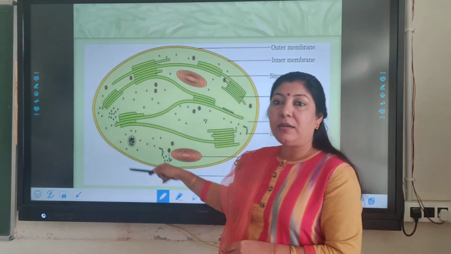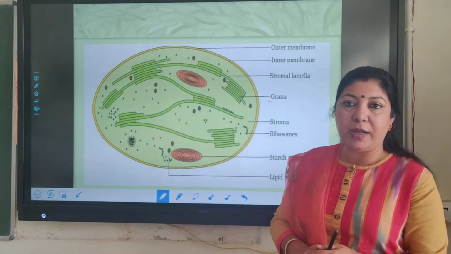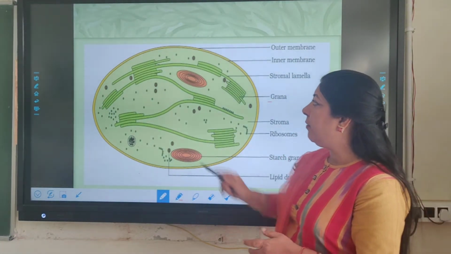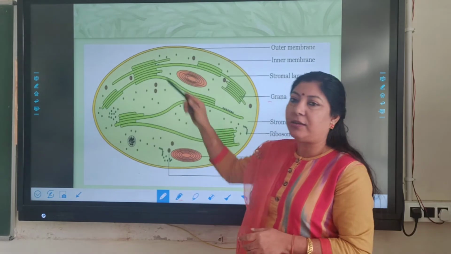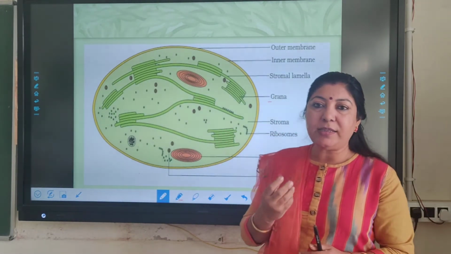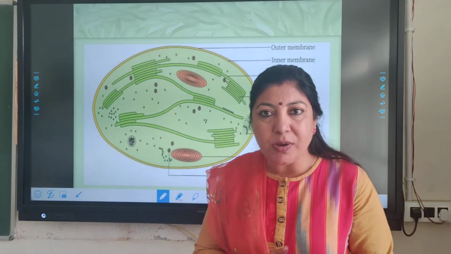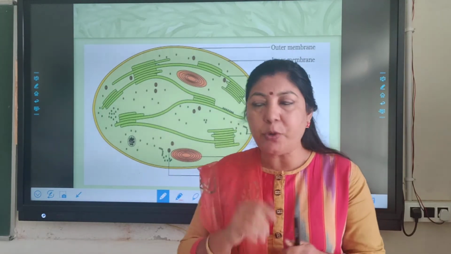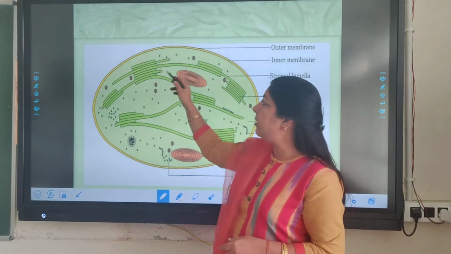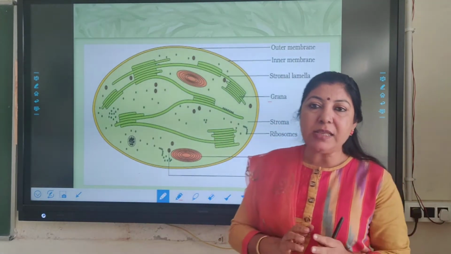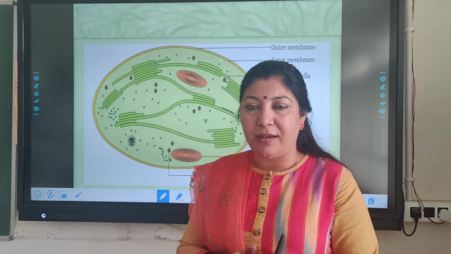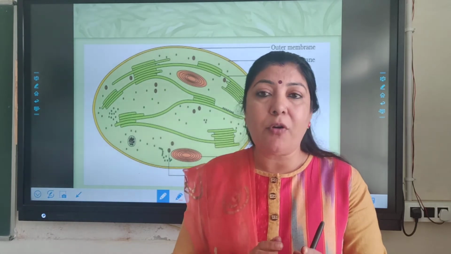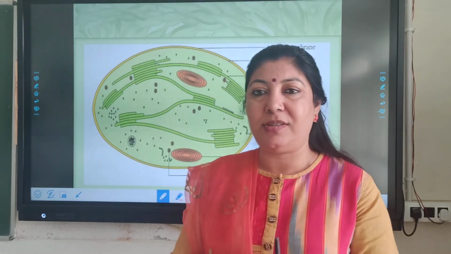So, in this diagram of chloroplast, we know that there are coin-like structures. These coin-like structures are individually called thylakoids, and when they are grouped together, they are called grana. These thylakoids and grana are the site for light reactions.